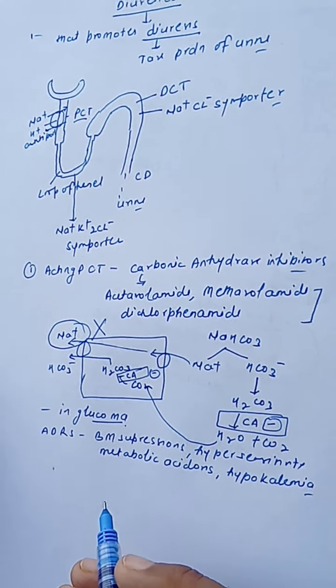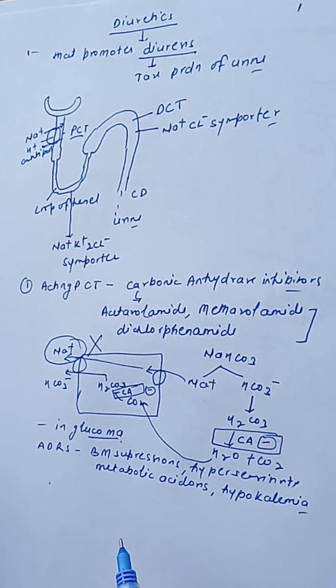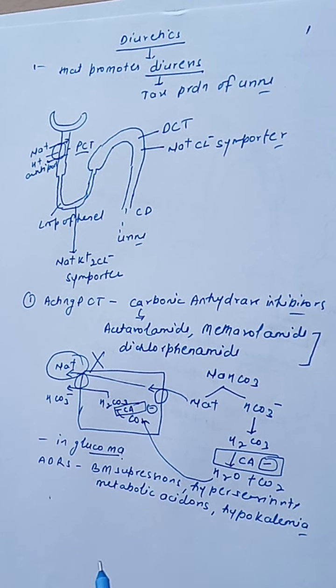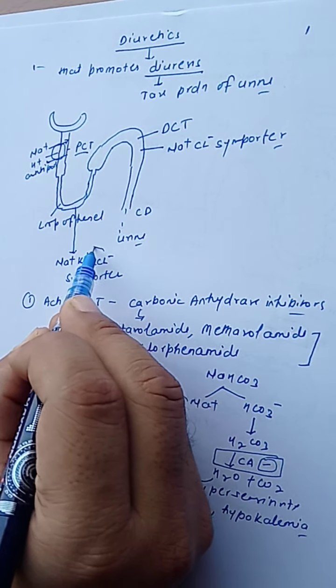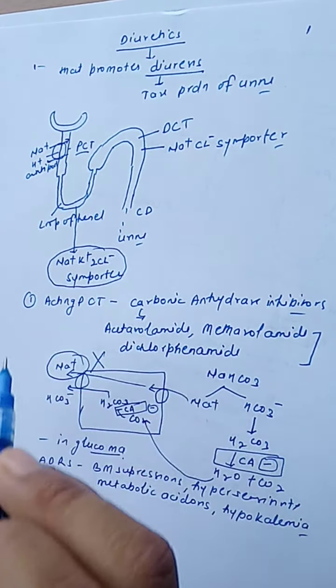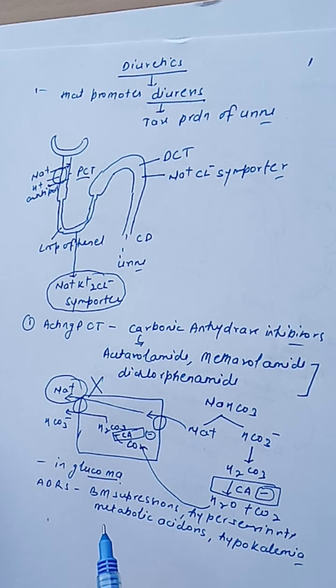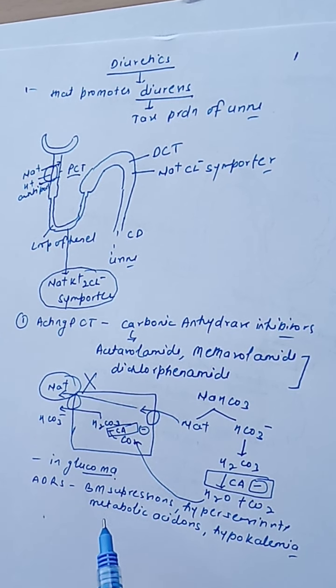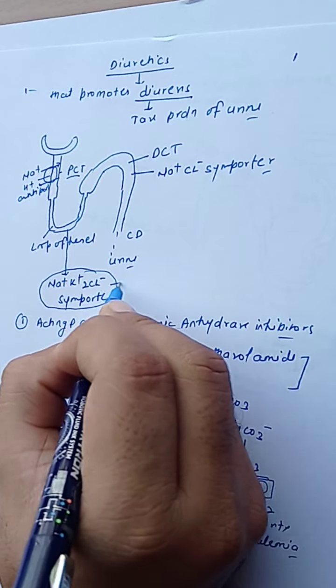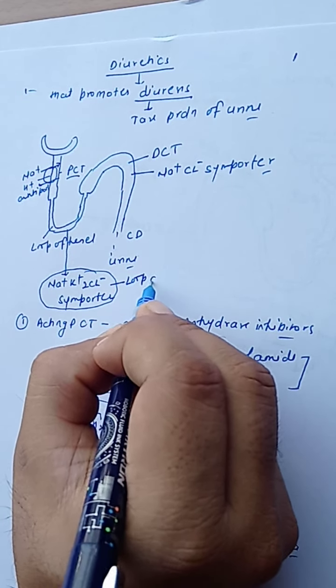The drugs which act on the loop of Henle, where I told you there is a sodium potassium 2 chloride transporter, are also called loop diuretics.